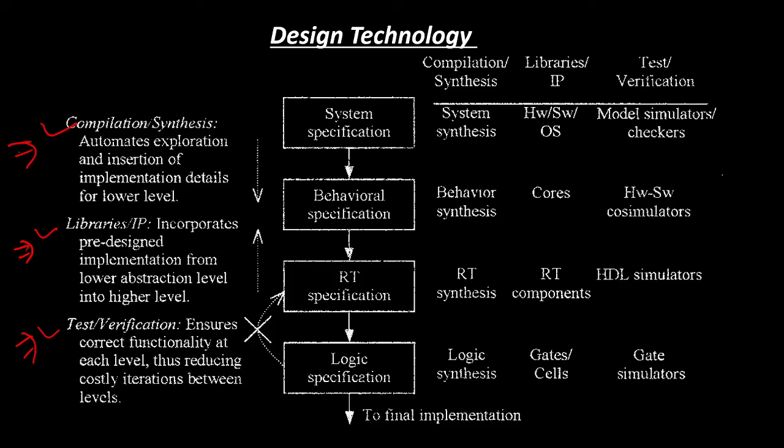At the system level, a model simulator simulates the initial system specification using an abstract computational model independent of any popular technology to verify correctness and completeness of the specification. Model checkers can also verify certain properties of the specification, such as ensuring that certain simultaneous conditions never occur or that the system does not deadlock.